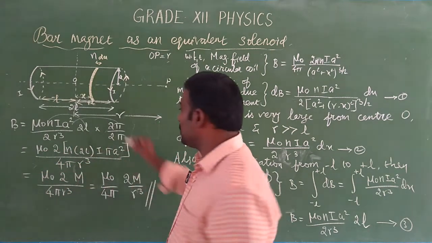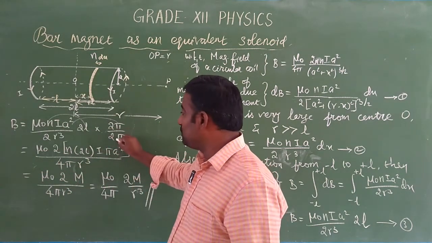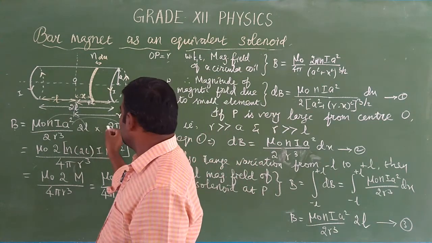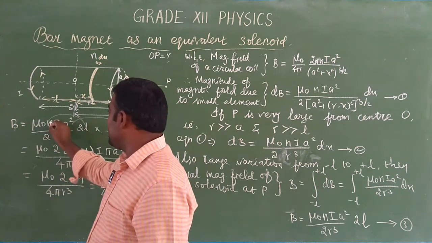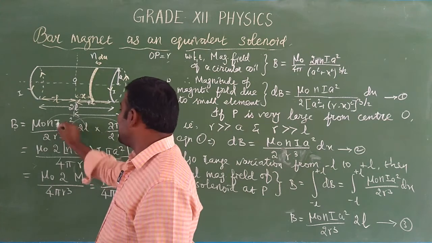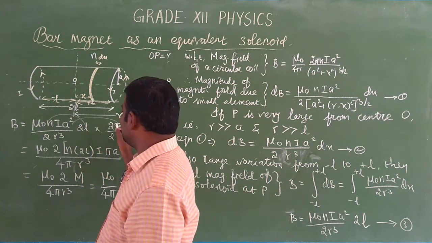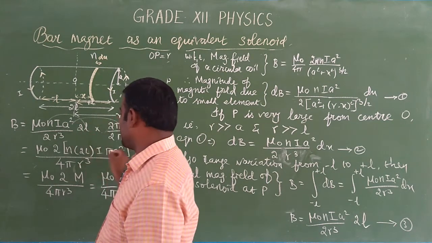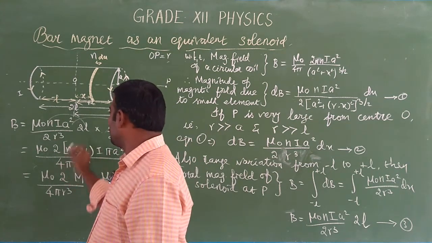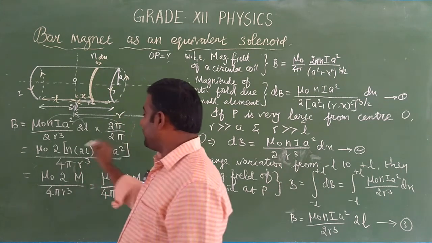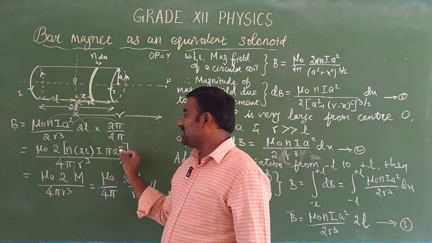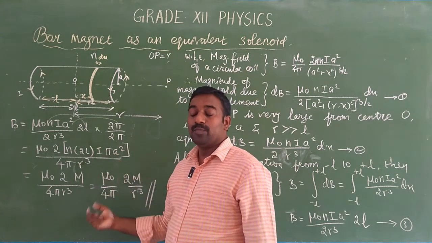Then further what are you going to do? In equation 3, you are going to multiply the factor 2 pi into 2 pi, 2 pi by 2 pi. Then we can separately arrange the terms. Bring the 2 to the front. N into 2L is one set, then I, the current, is a separate set, then the third set is pi a square. Okay, so pi a square divided by 2 into 2, 4 pi r cube. But in these bracketed terms, N 2L I pi a square resembles the magnetic moment of the solenoid.